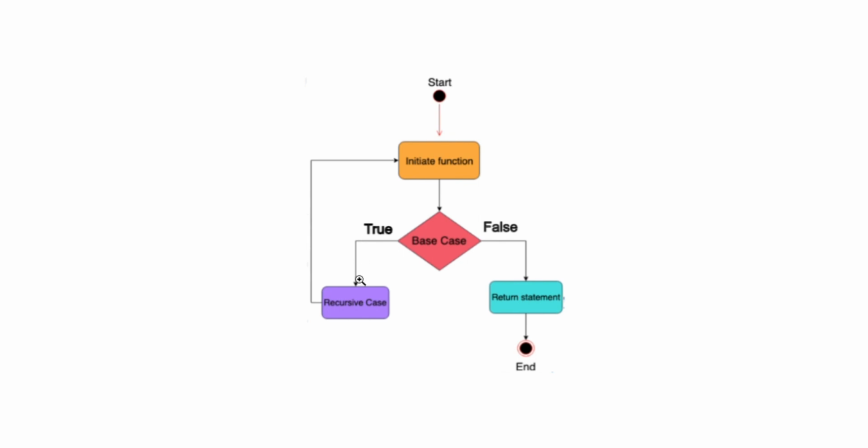If it's true, it's gonna do the recursive case, which means x plus recursion of x minus 1. So it's gonna do it again. Let's say if it's false, which for us is the else statement, it's gonna do the return statement, which we did. So that's how this recursion works.